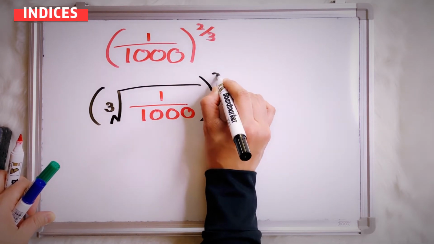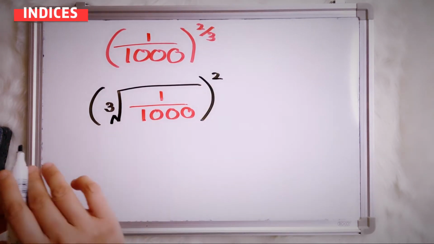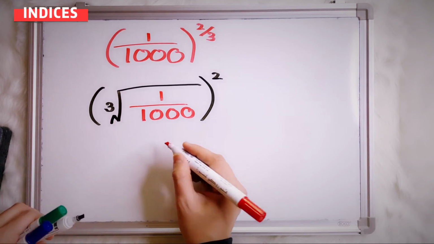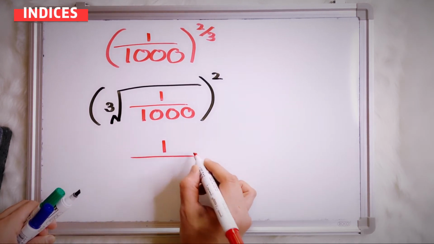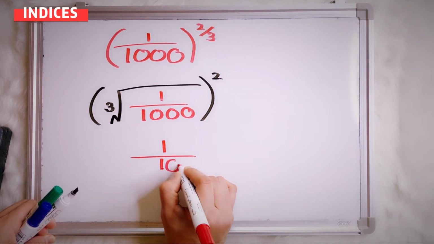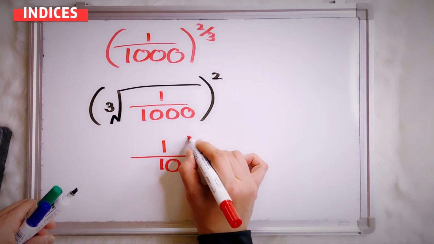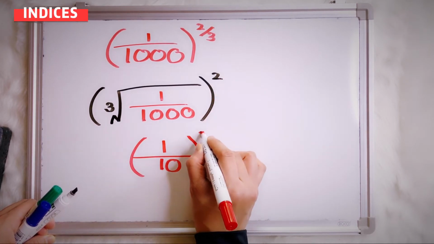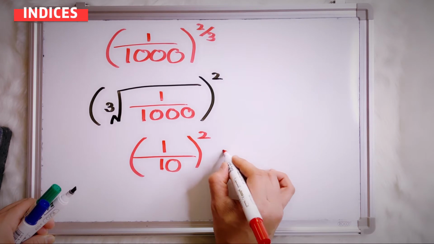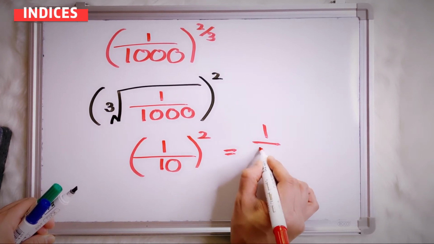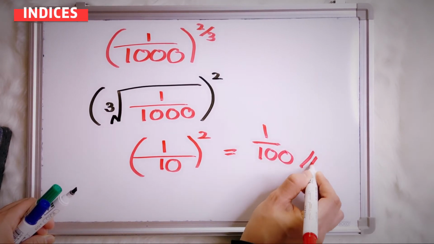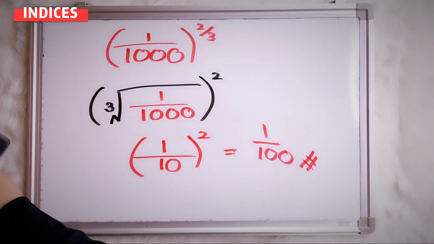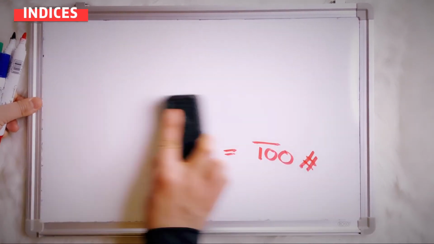Number 2 after the bracket, outside. So that means it is 1 over 10. Okay, so square. So that means here equals 1 over 100. Okay, easy. It's fun, right?